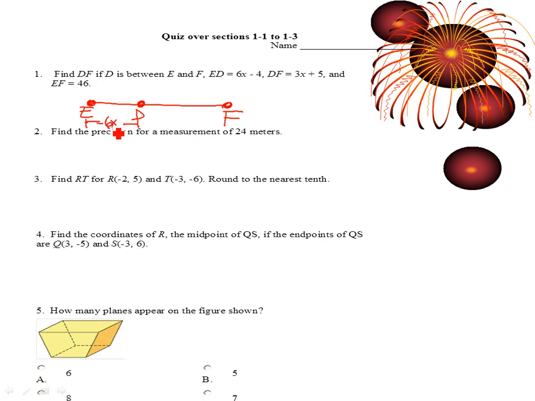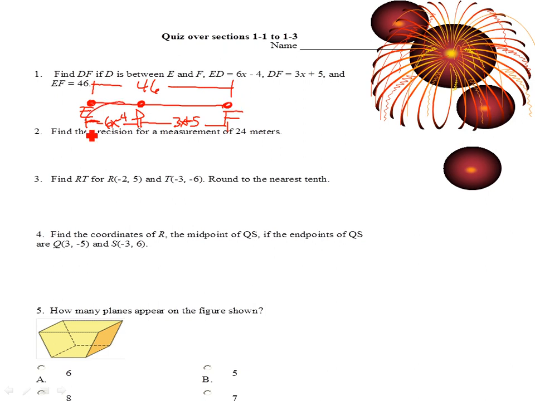DF is 3x plus 5. It was supposed to be plus, you can't hardly see it on there. And then they tell us the whole thing is 46.